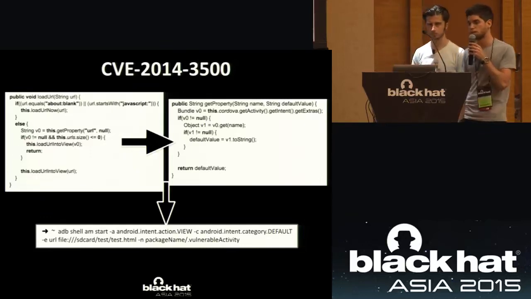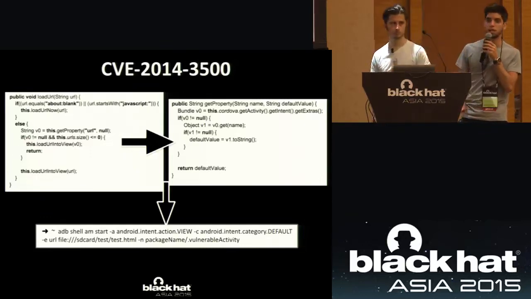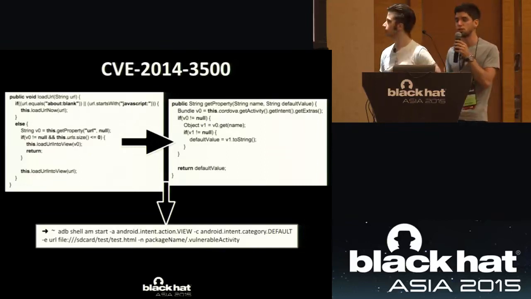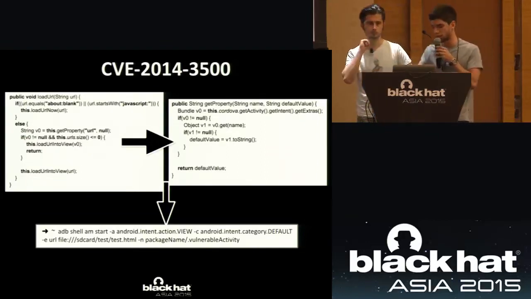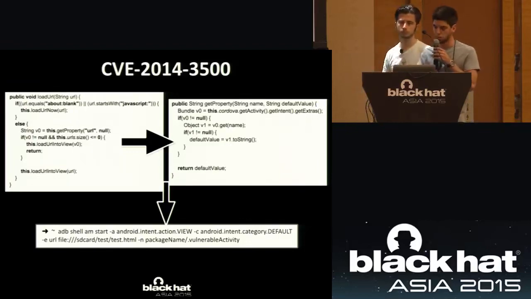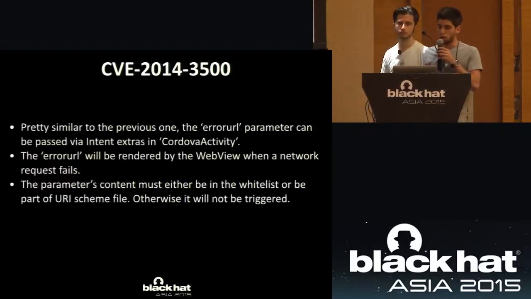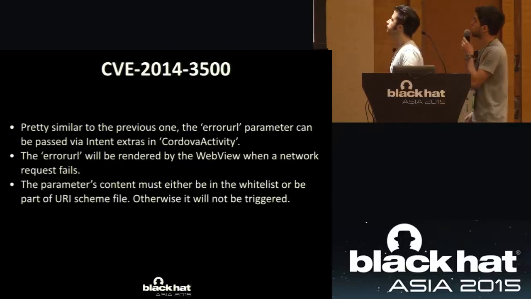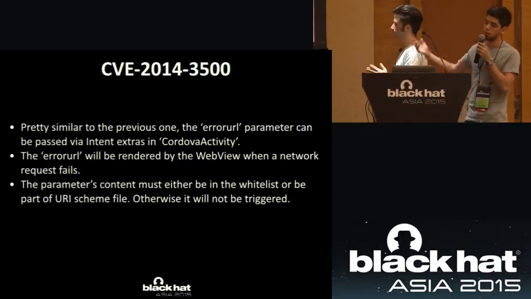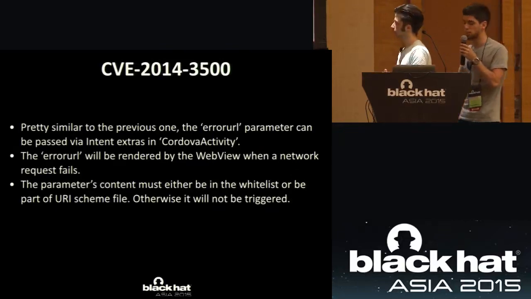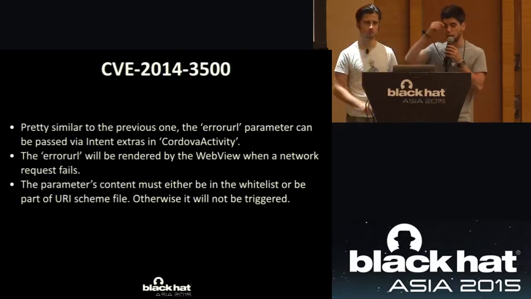The problem with this is that these frameworks are used by banking applications, and if they are storing the user's information, well, you can guess it. You will be able to retrieve all the information related to the customers. But there is also another vulnerability with another parameter, which is errorUrl, which basically is the same as the previous ones explained.